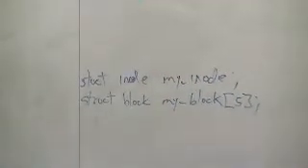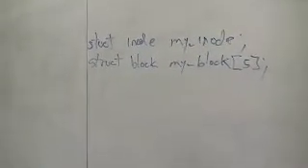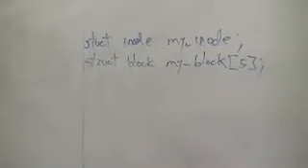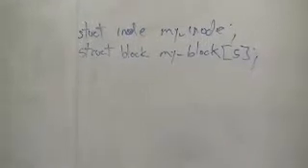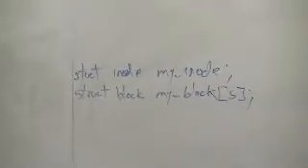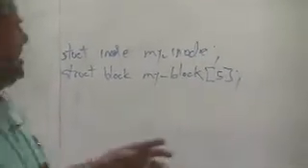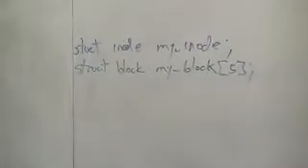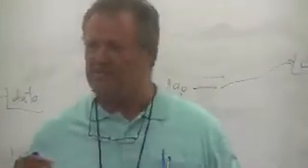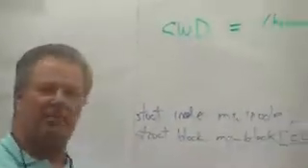Why am I making it an array? Because I've got 5 blocks in this file. Now I'm hard coding it here. In practice, you would use malloc and create it on the fly. But just for a simplistic case of 5 blocks, I need an inode, and I need 5 blocks.